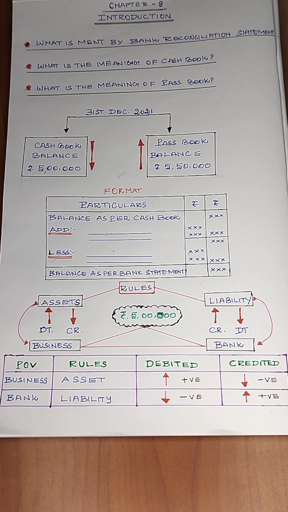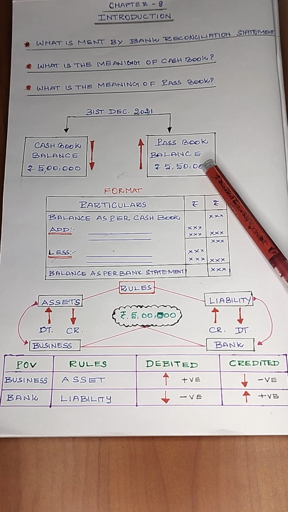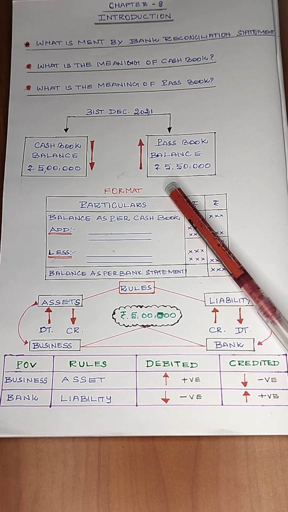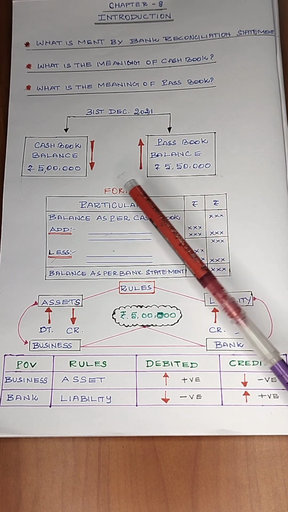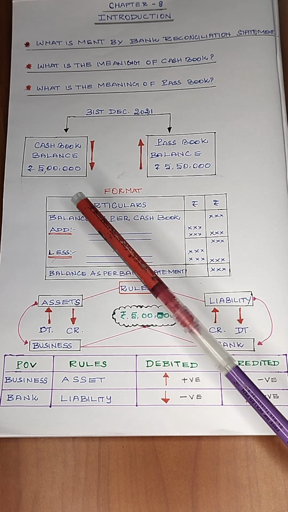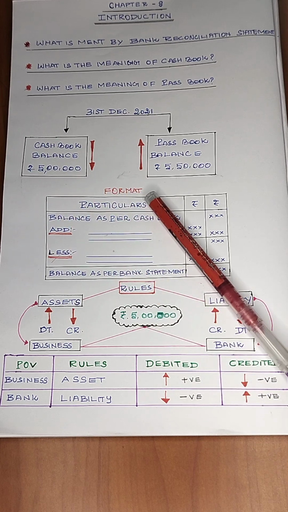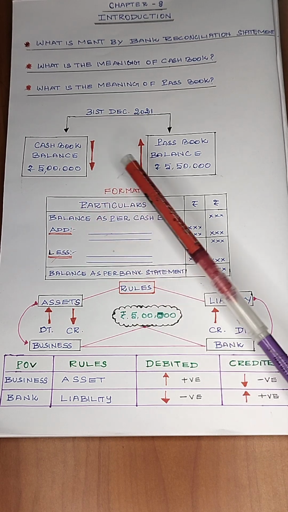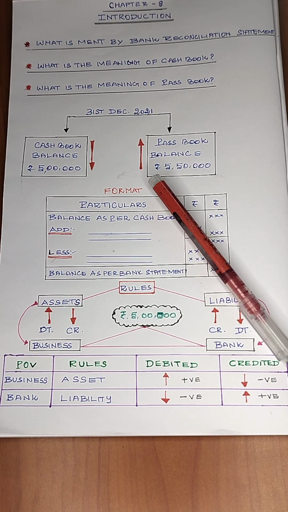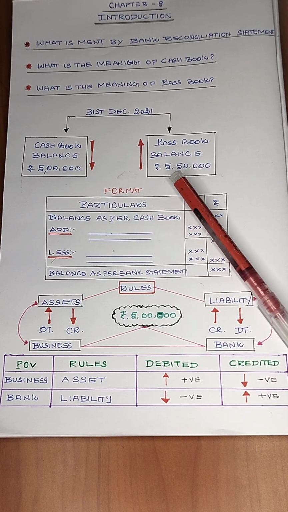So you can see there is a difference between the two of them. Why is it happening? There are lots of reasons for the differences between the cash book and the passbook. So it's important to reconcile, it is very important to check those differences. To reconcile those differences, what do we have to do? We need to prepare the bank reconciliation statement.